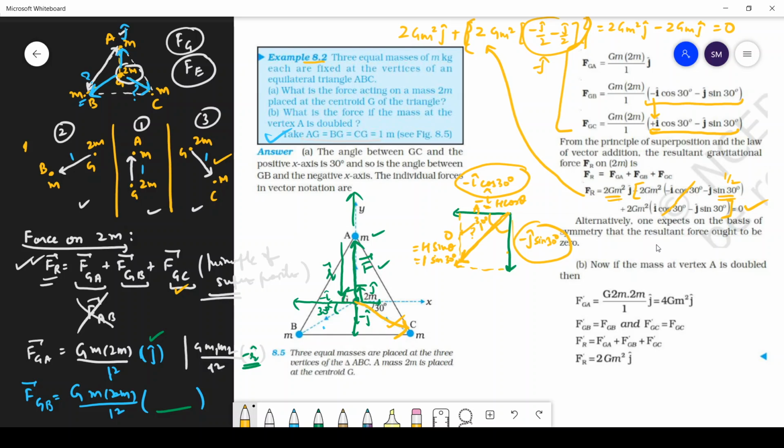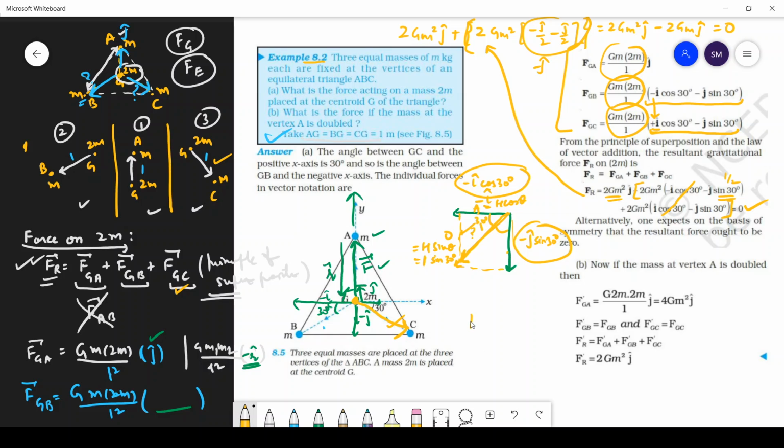Okay. So even on the basis of symmetry, by common sense you can see that this 2m is pulled by these three forces. So it's the symmetric case. In the symmetric case, the net force acting on 2m is 0, because the magnitude of these three forces is the same. Why is the magnitude the same?